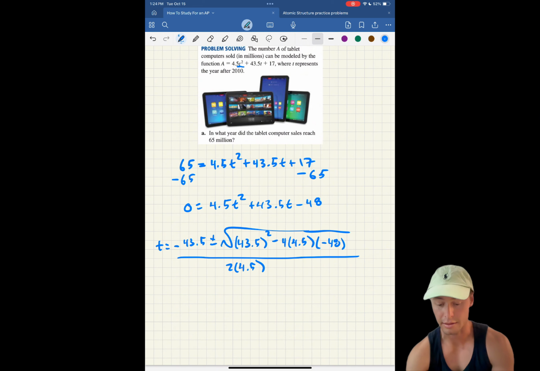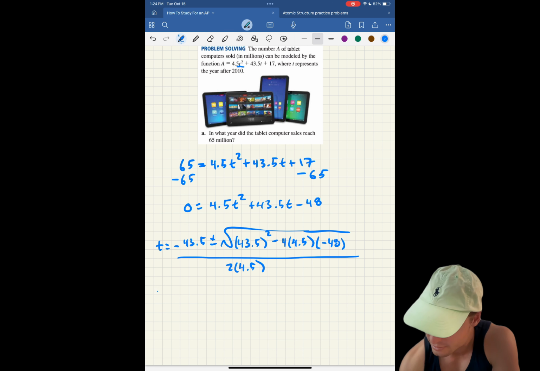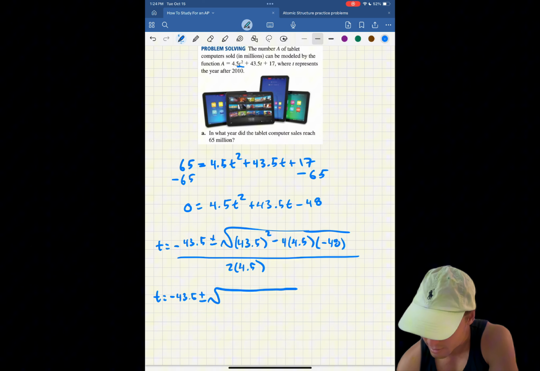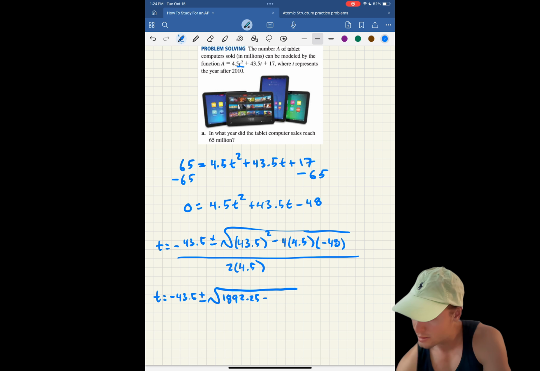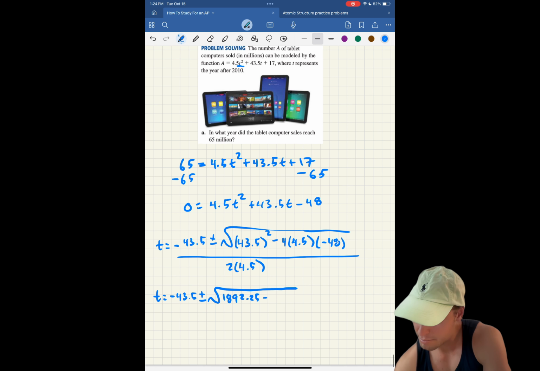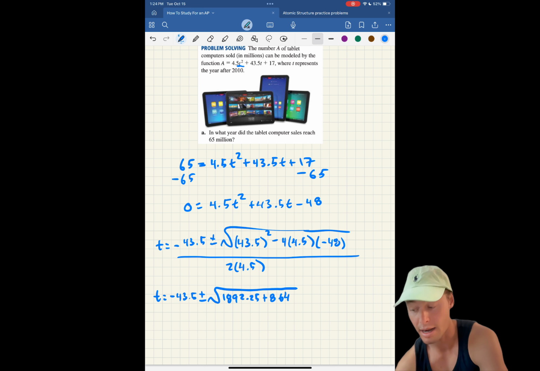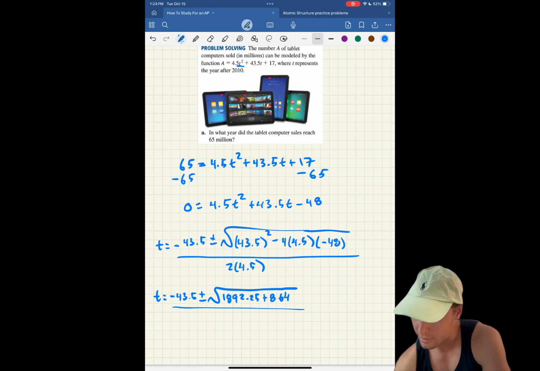So let's go ahead and use a calculator. 43.5 squared is 1892.25. So t equals negative 43.5 plus or minus the square root of 1892.25 minus 4 times 4.5 times negative 48, which is going to actually be a positive 864, because a negative 4 times a negative 48 is a positive number. 2 times 4.5 is 9.